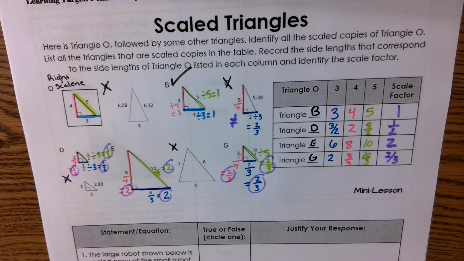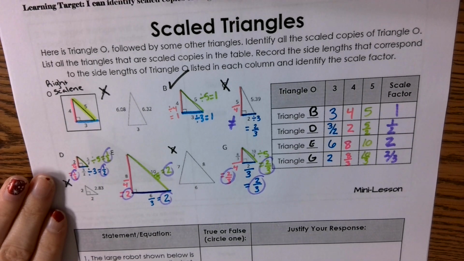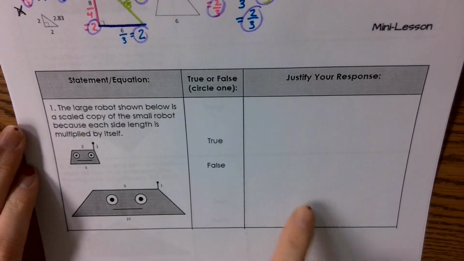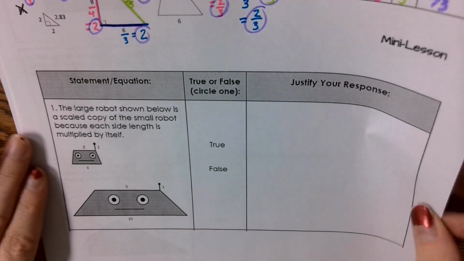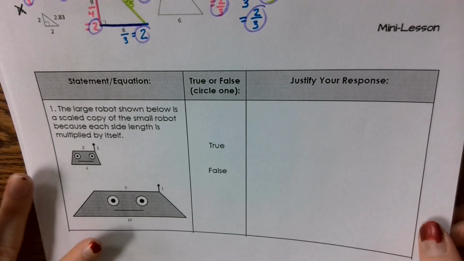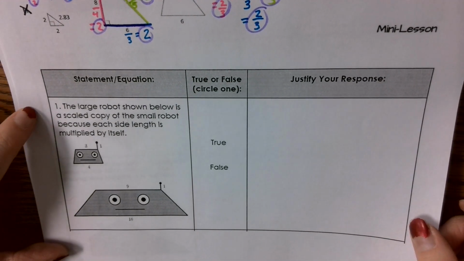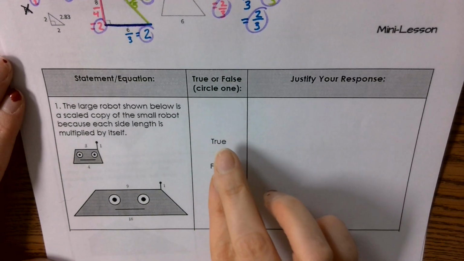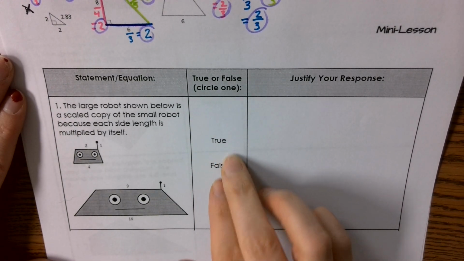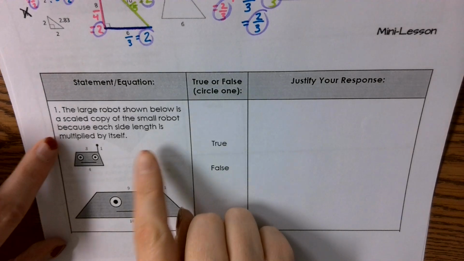Okay, what you are going to do now, we are going to go through each of these problems. We've got 4 problems. You're going to get to work with a partner. You need to read each of these problems carefully, and you're going to choose yes or no, that's true or it's false, what they're saying.